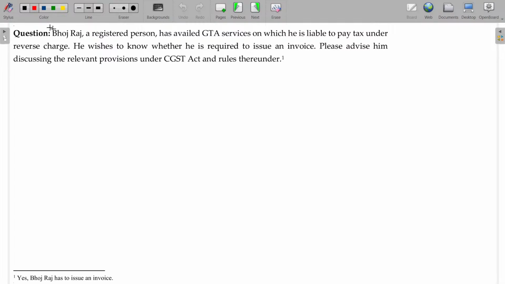Now, Bojraj, a registered person, has availed GTA services on which he is liable to pay under RCM basis. So, under RCM, he is the recipient of the service from some GTA entity. He wishes to know whether he is required to issue an invoice.